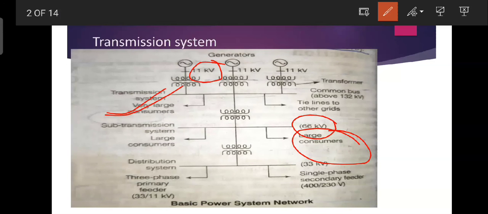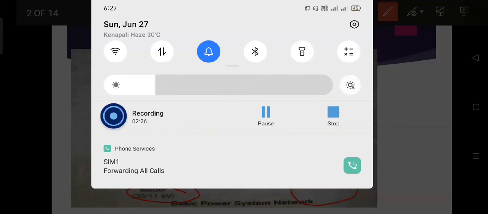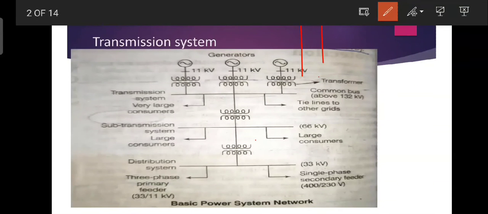Then we come to the distribution system. The distribution system will use a step-down transformer, that is 33 to 11 kV, or 400 to 230 volt. Okay, this is our whole electrical transmission system.